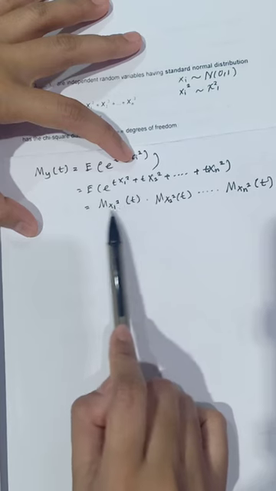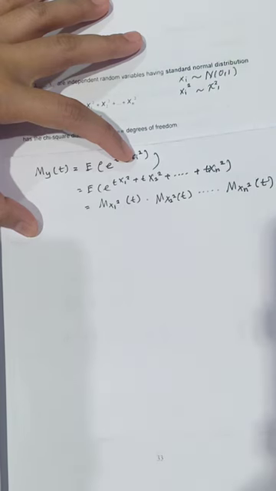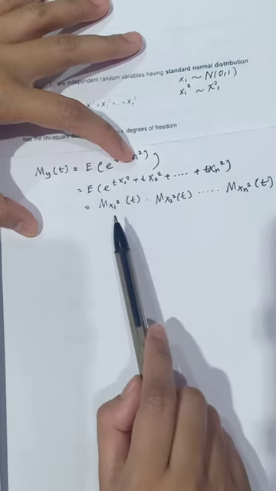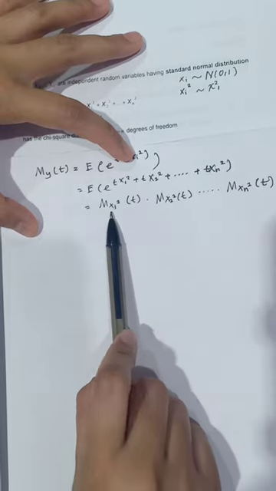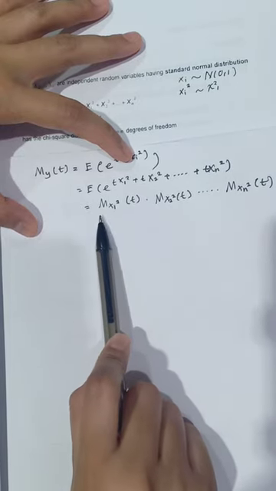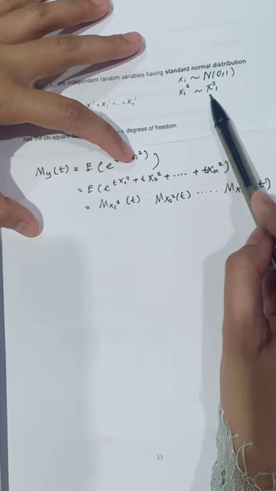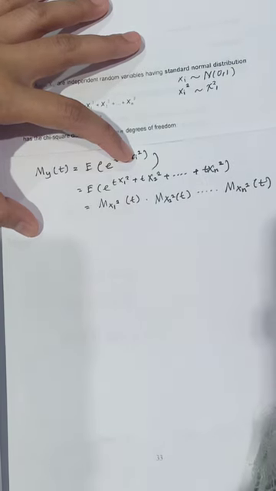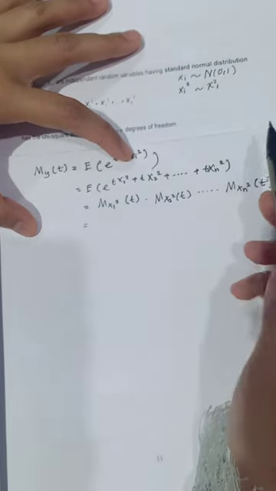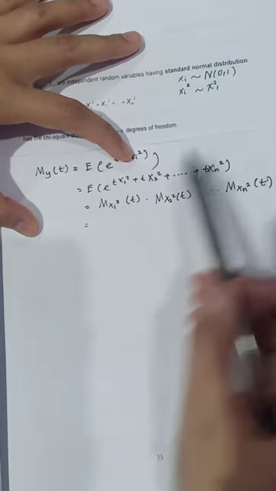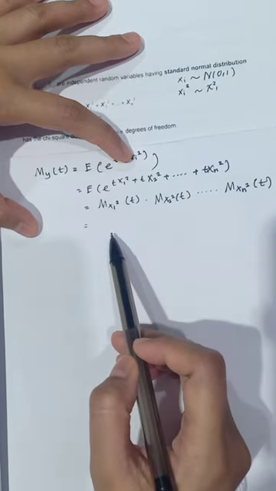Before this, here should be MX1, MX2, MZ(t), MU(t), only U, not square. Okay, why do I put here MX1 square? Because I know that X1 or Xi square is a chi-square 1, and we already know the MGF for chi-square. Alright, so we can write down here the MGF for chi-square.